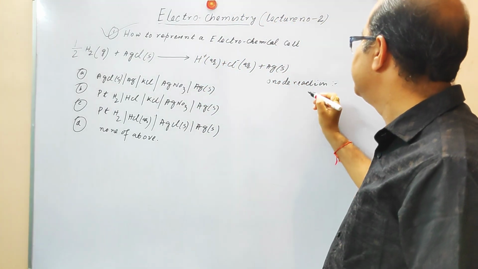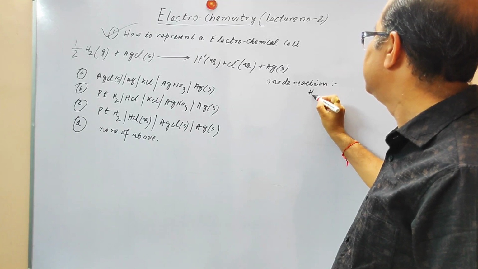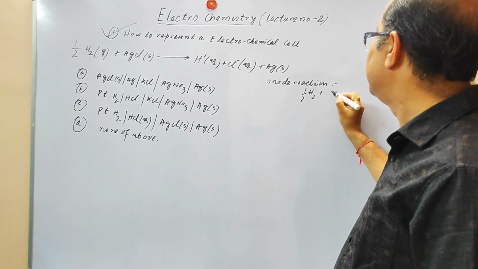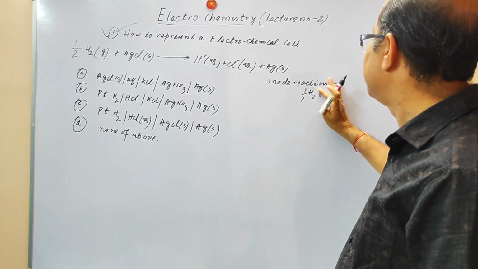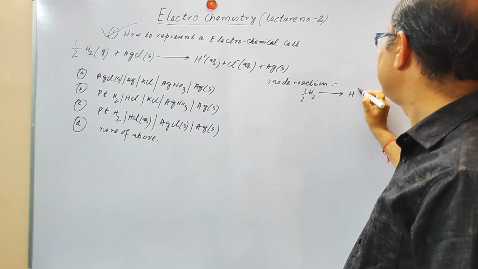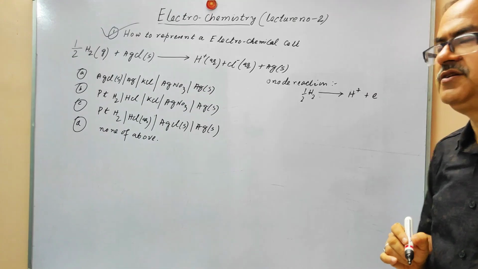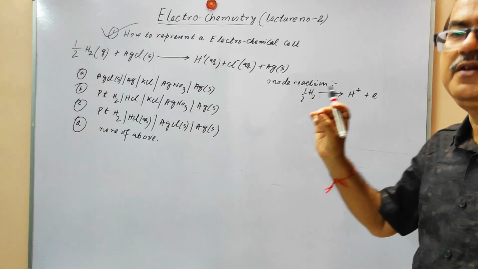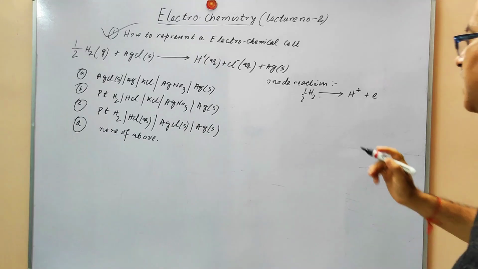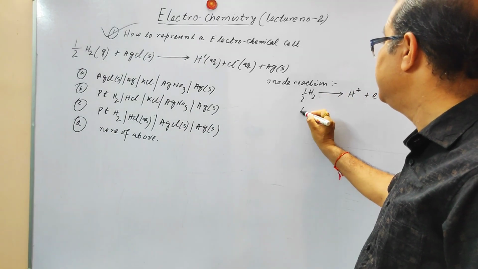So we can write this reaction, hydrogen. This is the oxidation reaction that happens in the anode half cell. And the other reaction, that is the reduction reaction, is this.